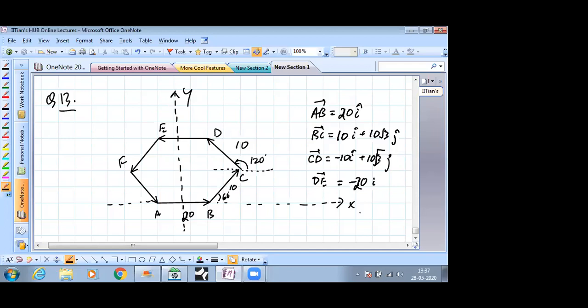Now use the component method. So basically how I'm getting this is by using the property of a hexagon. The important thing is this property, which I'm showing now.